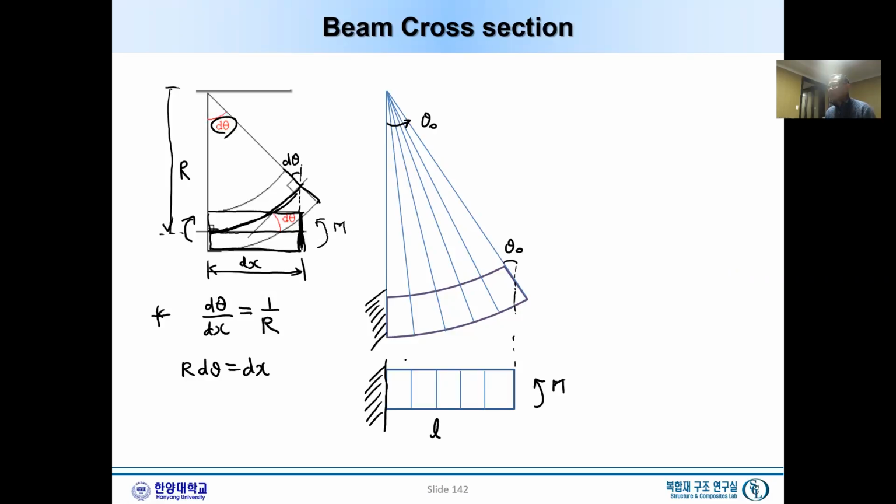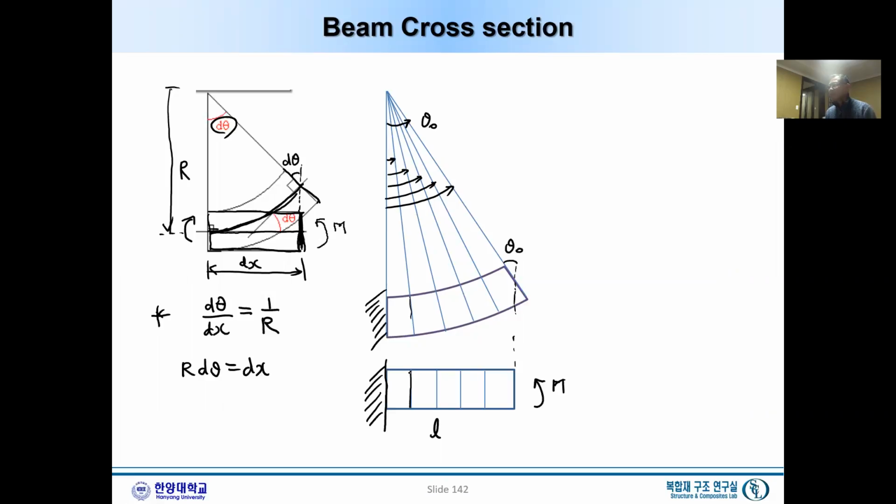Say this one rotates this much, the first one rotates this much and that much, gradually increasing until theta 0. That is actually what's happening.